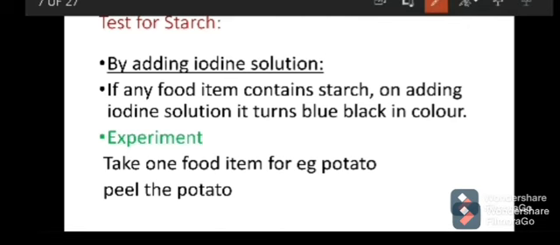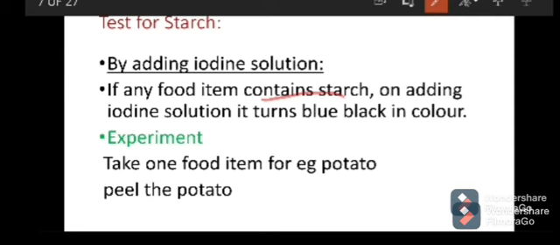To perform the test for the presence of starch, we need iodine solution. If any food item contains starch, on adding this iodine solution, the food sample changes to blue black in color.